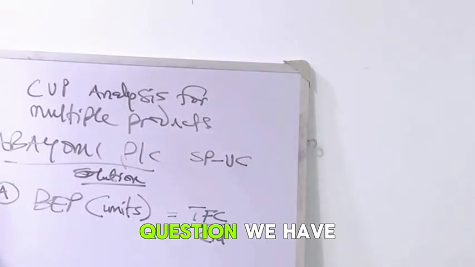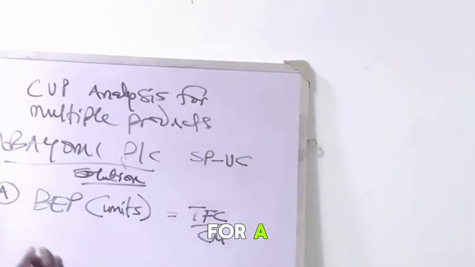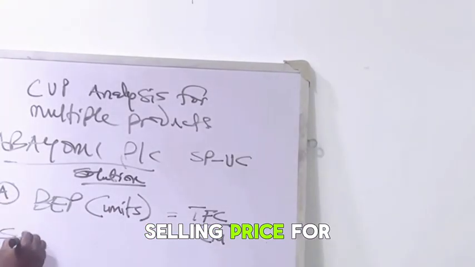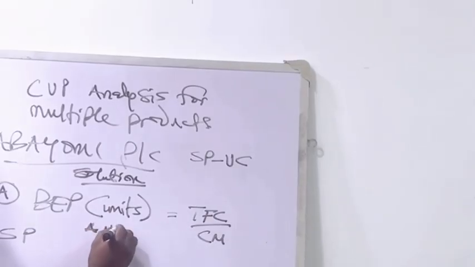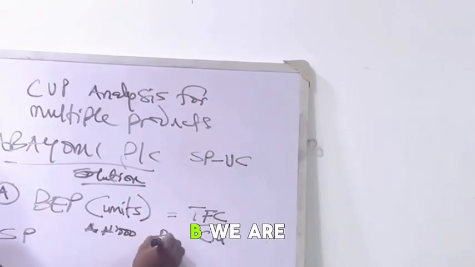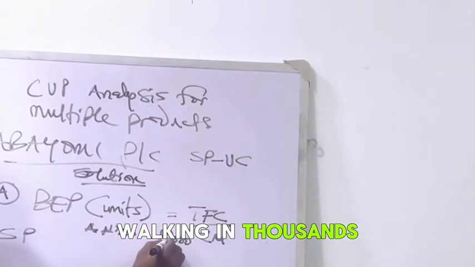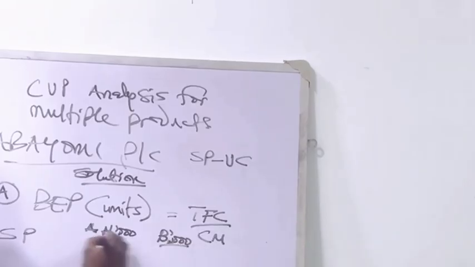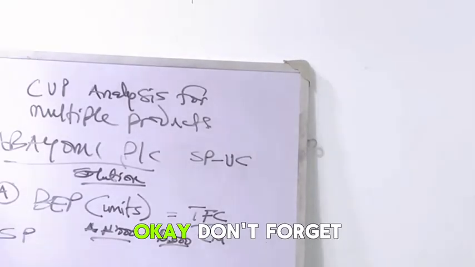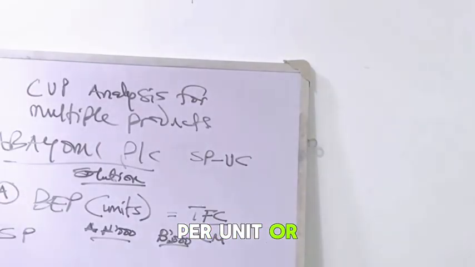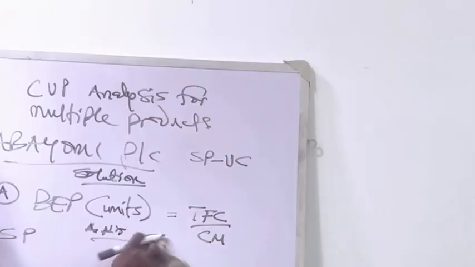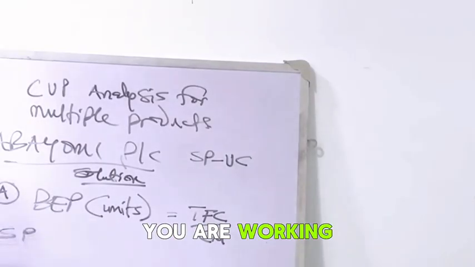Now, in this question, we have the selling price for A. We're working in thousands, of course, naira. Okay? Don't forget that. But selling price per unit. And from the question, don't forget that you are working in thousands.